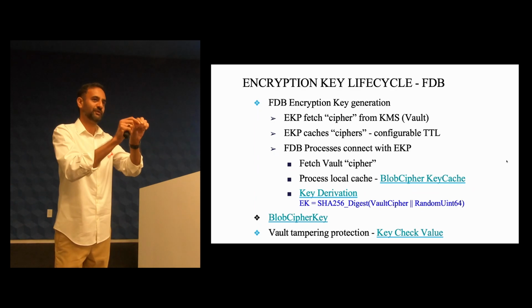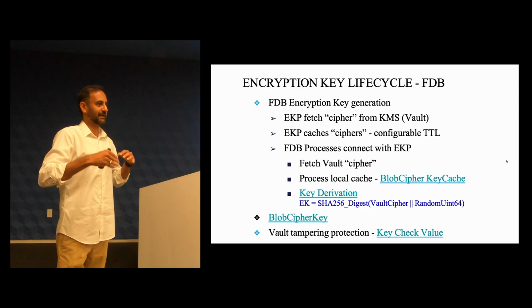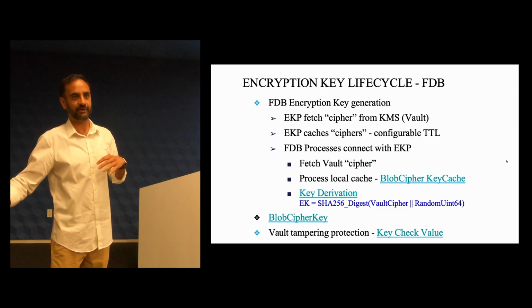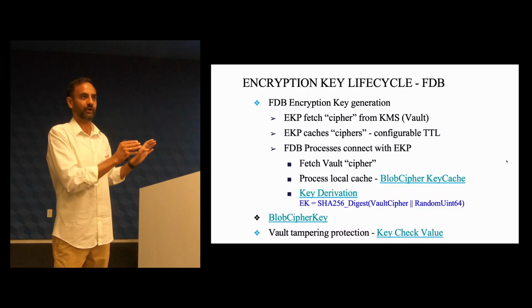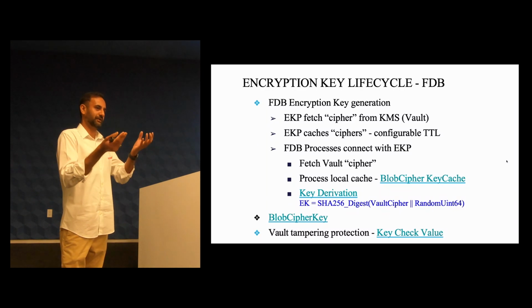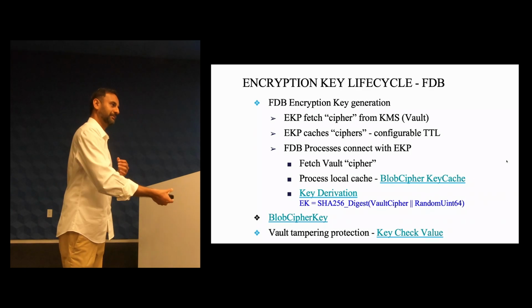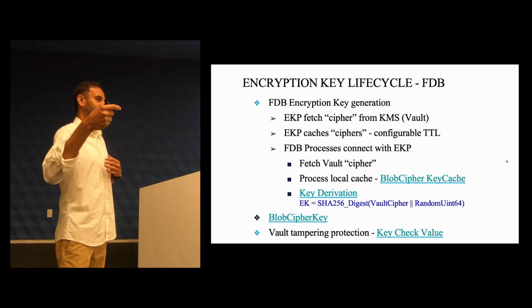Every process which is doing the actual encryption fetches this cipher and derives a cipher out of it by applying a SHA-256 derivation and using a locally random number. It's non-deterministic for all protection use cases. The encryption key that we get out of it is the one that is used to actually encrypt the data. Again, the cipher is time bounded, so you can control that.